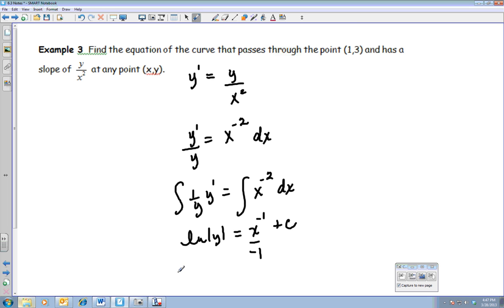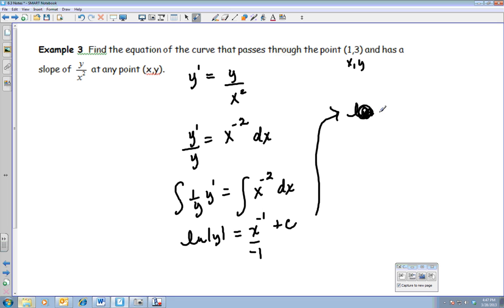Okay, so now here's the equation. I need to solve for c, and I solve for c by plugging this point in. So I have natural log of y, which is 3, or before I do that, I'm going to go ahead and solve for y before I start plugging those in. Okay, so if I want to solve for y, I need to e both sides.